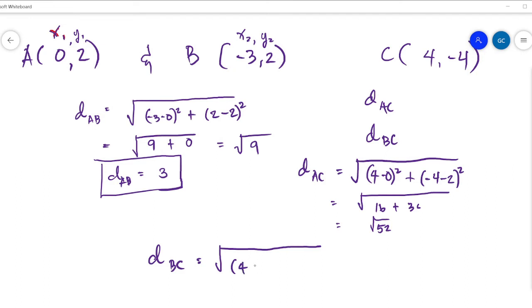So we have 4 minus negative 3, raised to 2, plus we have here negative 4 minus 2 squared. So we'll have 7 squared, that will be 49. 49 plus we have here 36. So 49 plus 36 will be 85.